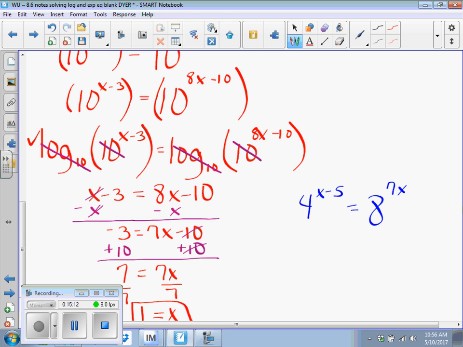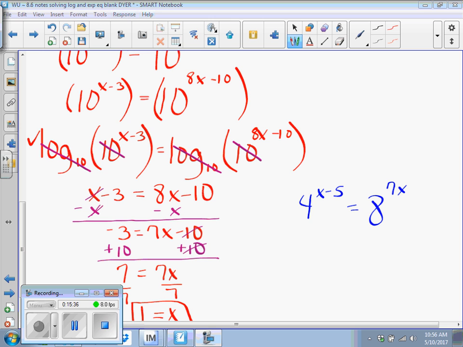I can't turn 8 into 4 to the something power, right? But what can I make them both be? I can make them both be 2 to the something power. So you would have to change 4 to 2 squared, and you would have to change 8 to 2 to the third. Okay? So that's how you would do that problem.